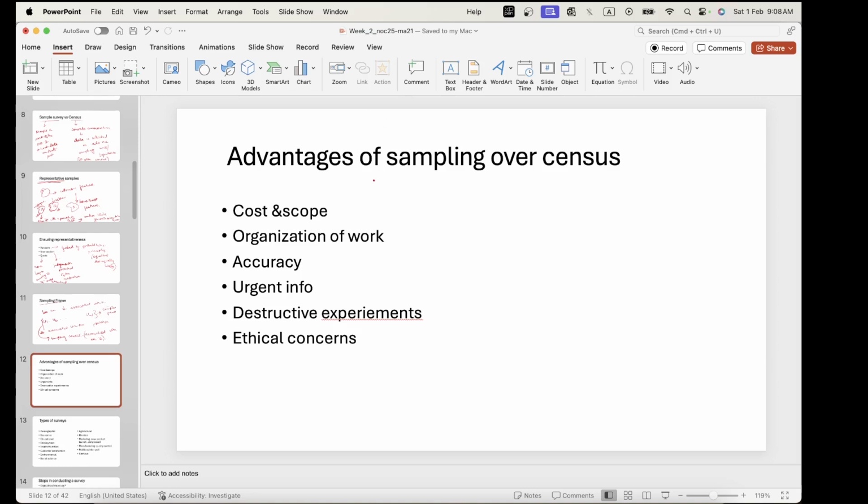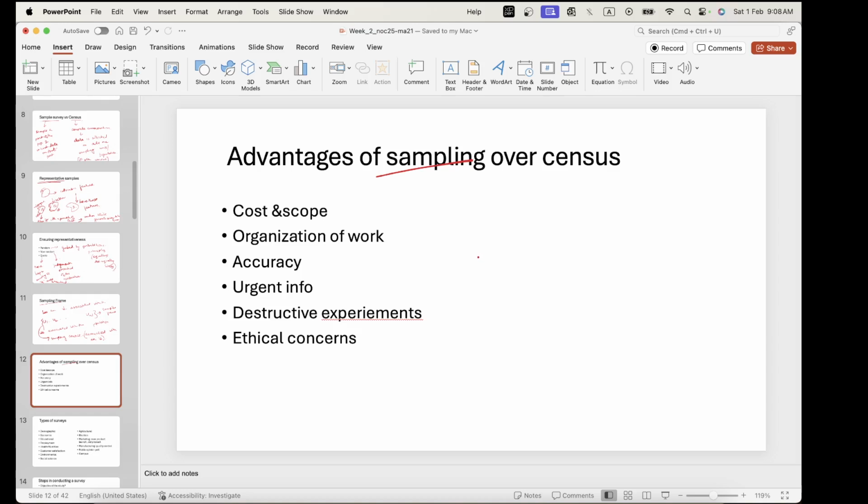Next, coming to advantages of sampling over census. Cost and scope: for sampling, cost is less and scope is also better, and organization of work is easier because there are fewer resources involved than in a census.